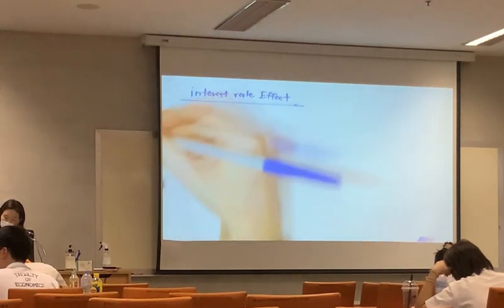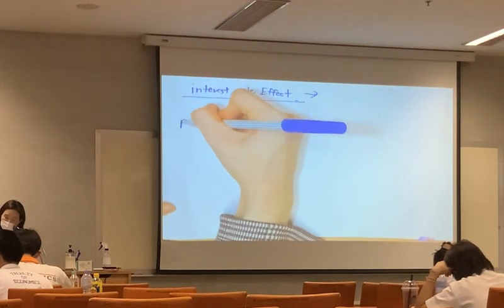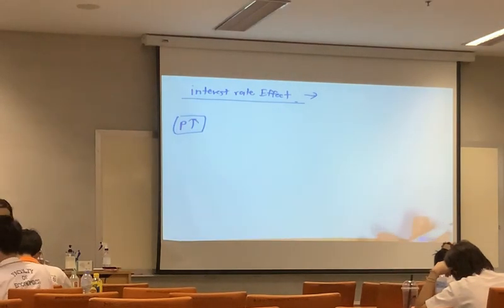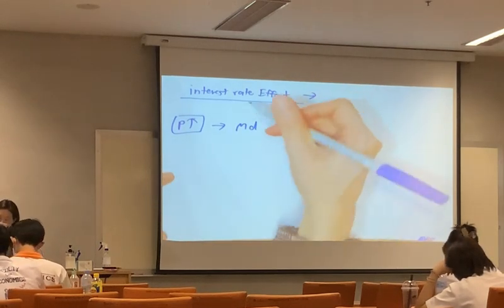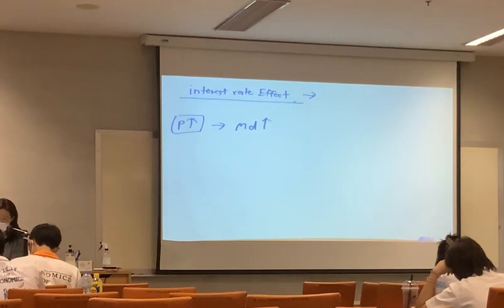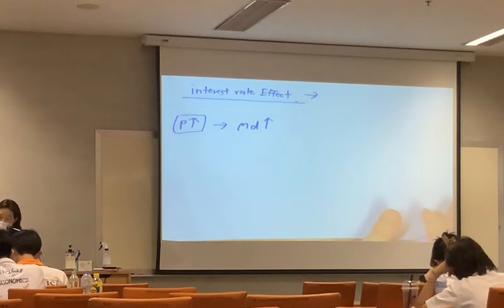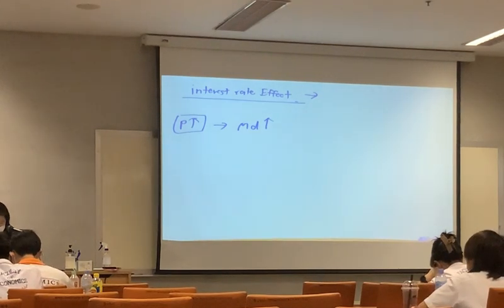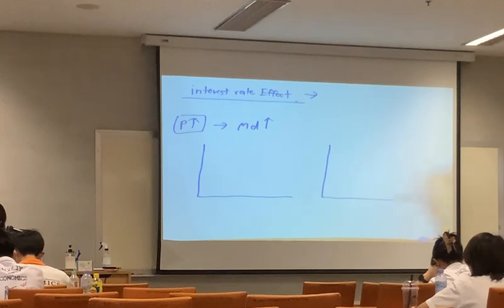Let's begin the interest rate effect, which is the effect that affects the slope of AD. First of all, if price increases, you know that people will have more MD. People will tend to hold more money because they want to hold money for spending, especially to buy goods and services.